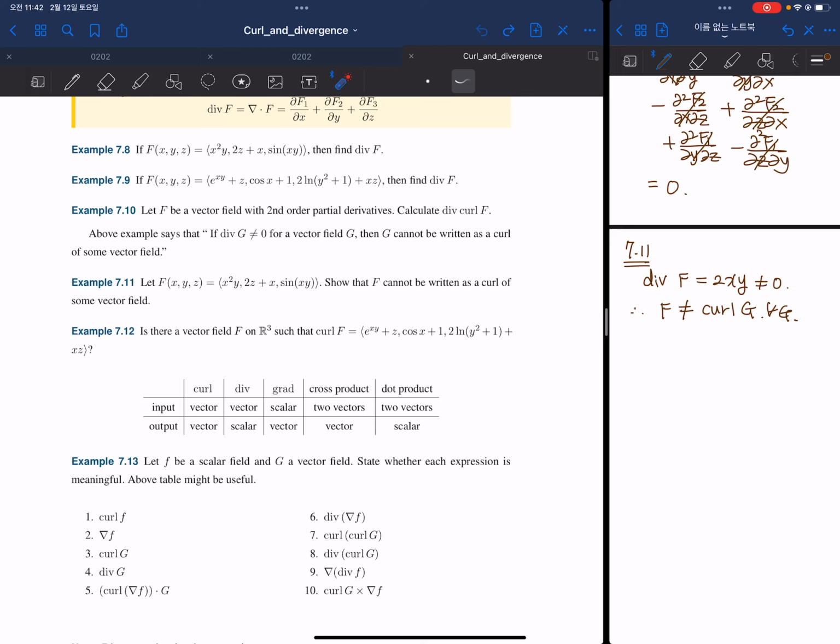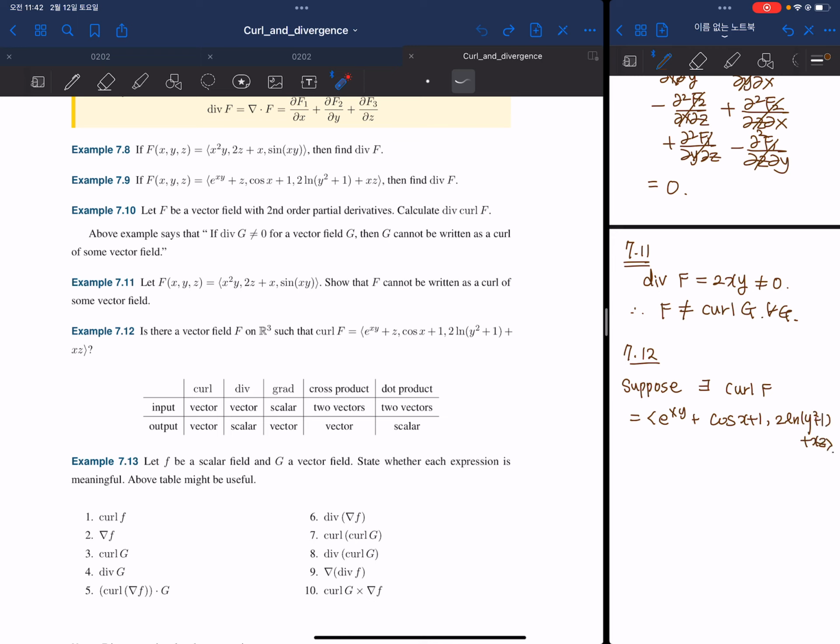Then example 7.12. Is there a vector field f on R3 such that the curl of f is this one? Suppose there exists f with curl f equal to e to the xy plus cosine x plus 1, 2 ln y squared plus 1 plus xz.